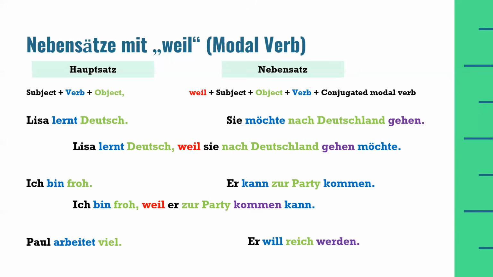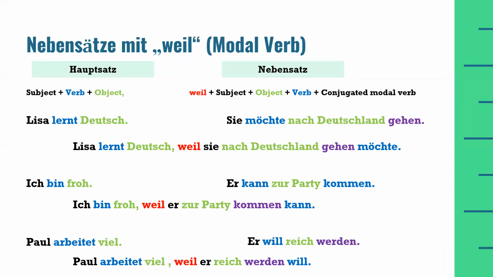So the reason will be in the Nebensatz. If we want to combine these two sentences, Paul works a lot because he wants to become rich, it will be: Paul arbeitet viel, weil er reich werden will.